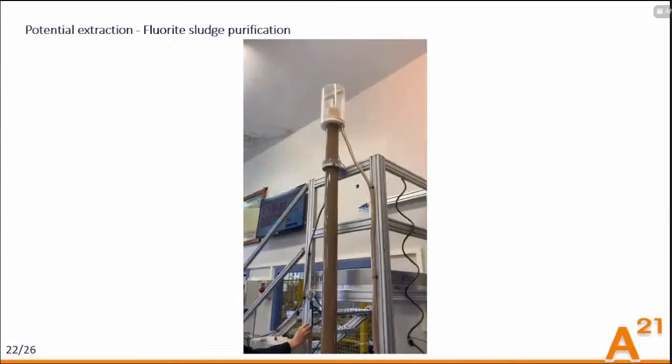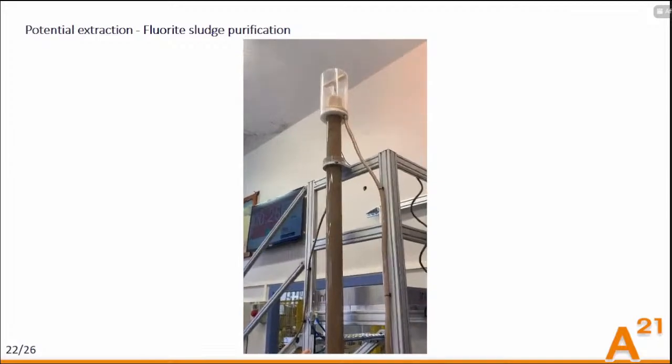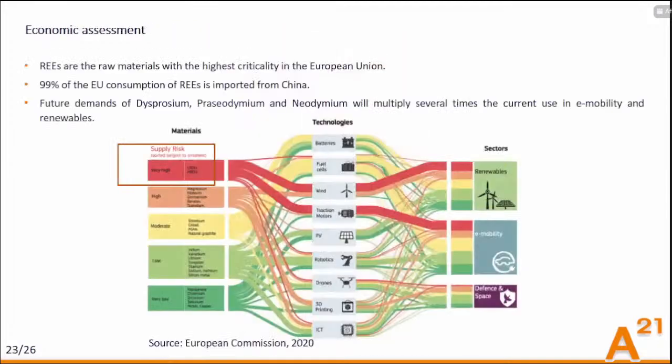Fluoride. And if it comes to economical assessment, Addis mentioned before that rare earth elements are, according to the European Union, in the highest supply risk, since all of them are basically imported from China or other countries.